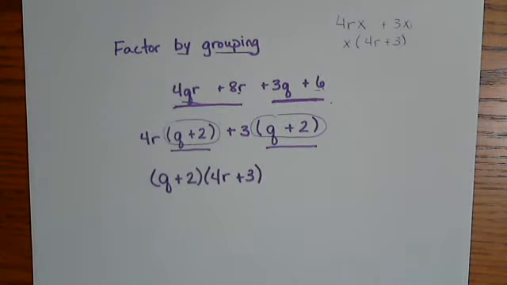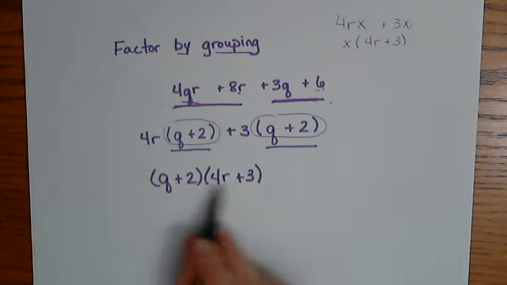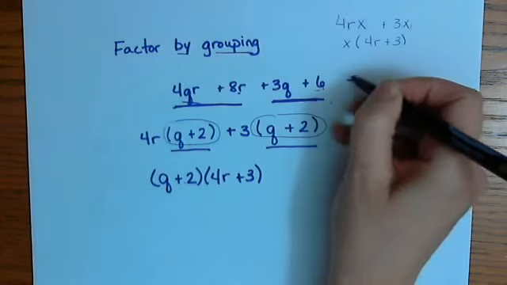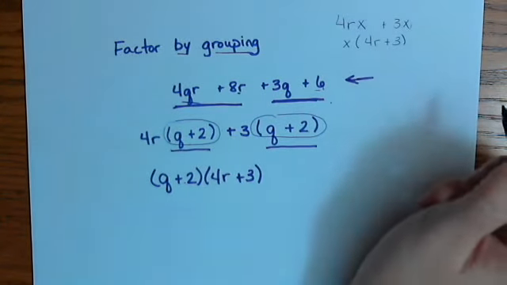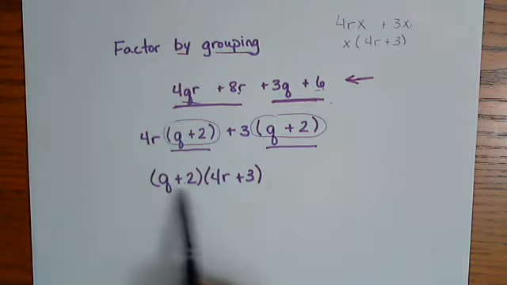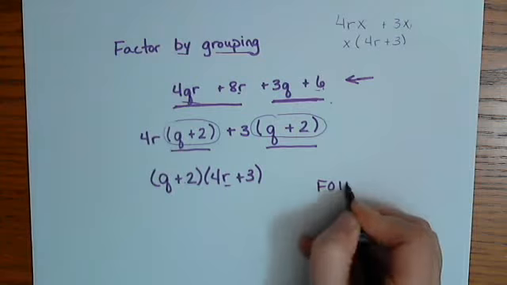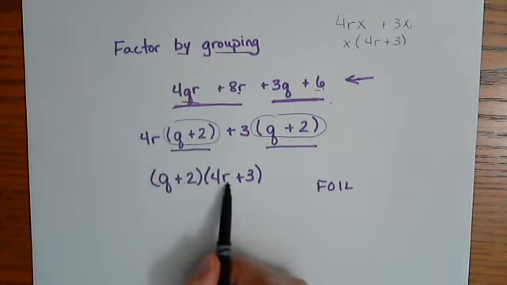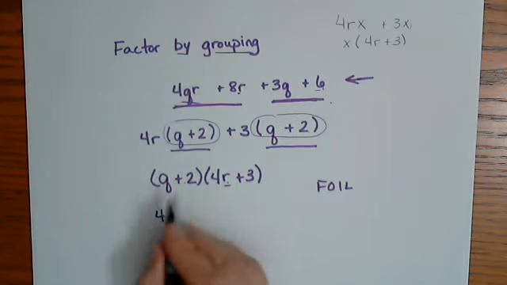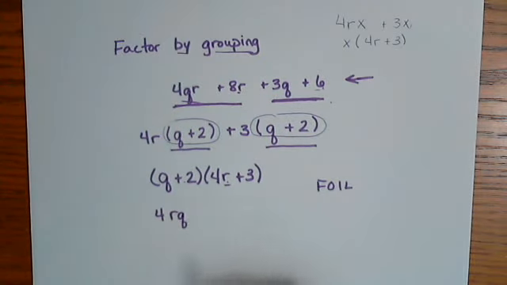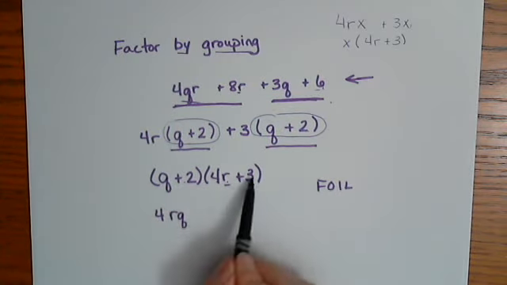How did that go? Does that make a little more sense? Now I can check my work again by multiplying these back out and see if I get what I started with at the beginning of this problem. So if I multiply these 2 sets of parentheses times each other, what do I have to do? I sure hope you said FOIL. Q times 4R would be 4RQ. My outer terms would be 3Q.